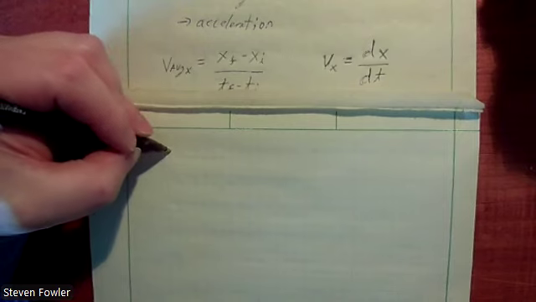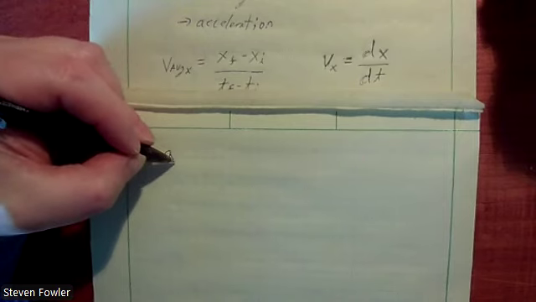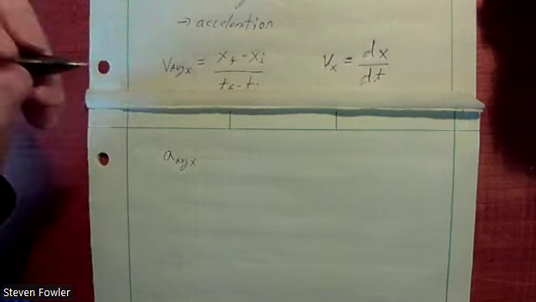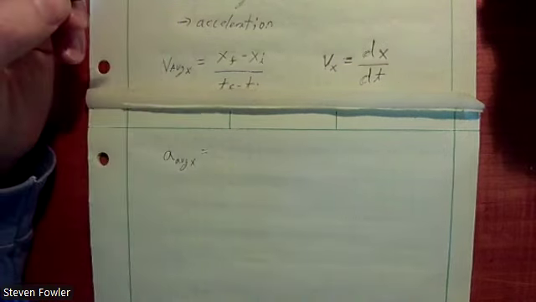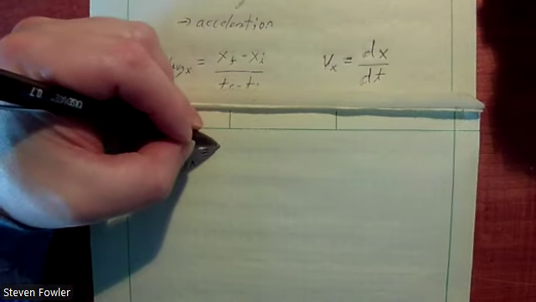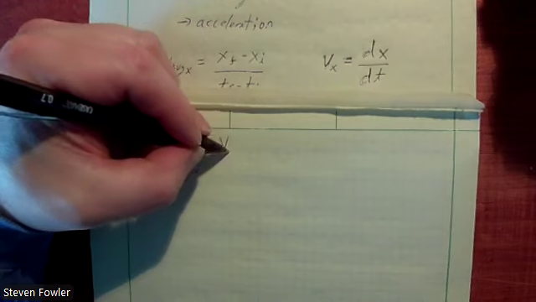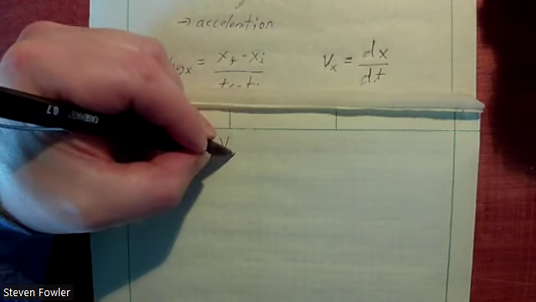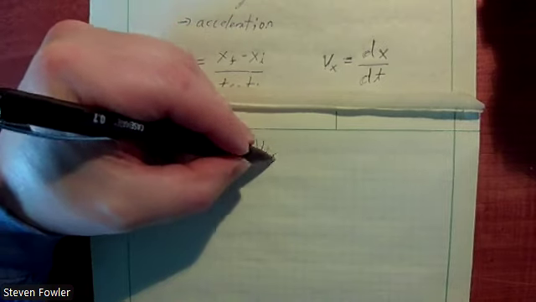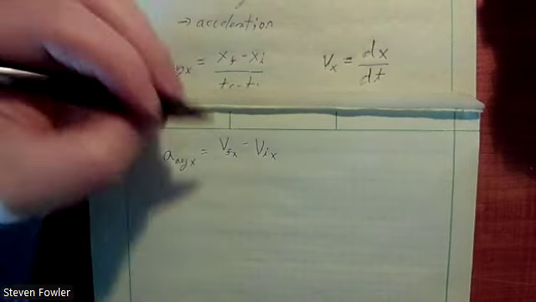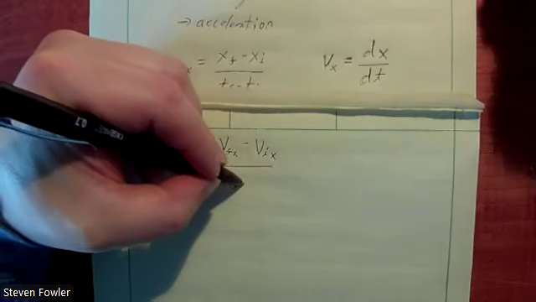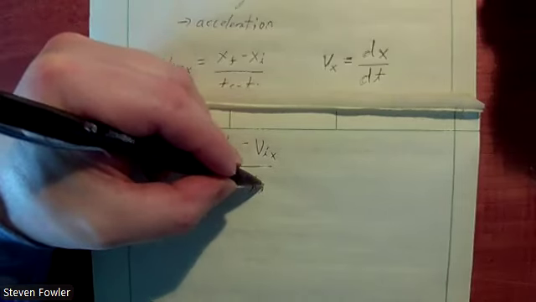Same thing with the acceleration. You can have an average acceleration, and again, I'm just going to define it in the x, but it's the same thing, whether it's the x or the y direction. And that would be the change in the velocity: the final velocity in the x minus the initial velocity in the x divided by a period of time, so final time minus initial time.